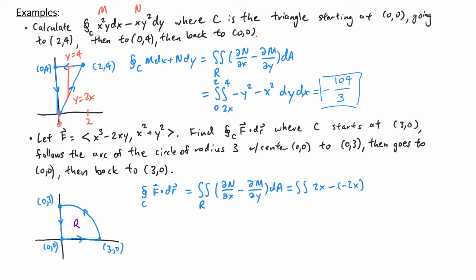Since we're doing this in polar coordinates, I'm going to replace the dA with r dr d theta. Now for this region, I'm within a circle of radius 3, so my r goes from 0 to 3. For my theta, I'm looking at a quarter of a circle in the first quadrant, so my thetas go from 0 to pi over 2. So this is the integral from 0 to pi over 2, integral from 0 to 3.